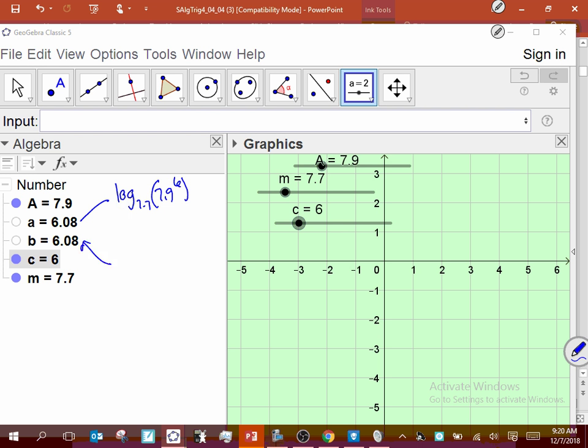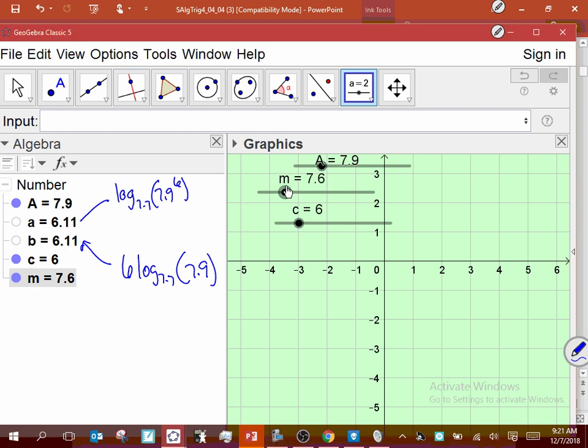And then this one here, I have 6 log base 7.7 of 7.9. Does that make sense? Okay. And as I change that 6, that 7.7, 7.9, for both those, they're going to adjust the same way. Do I always get the 6.08 and 6.08, those values in those positions of A and B, to always be the same, regardless of what A, B, and C are? That makes sense to everybody?